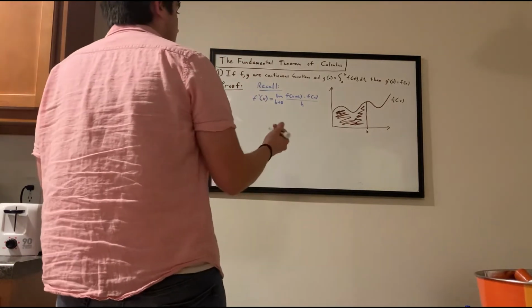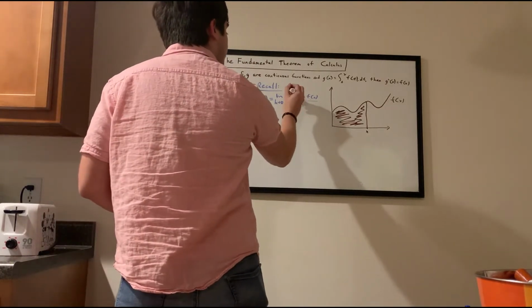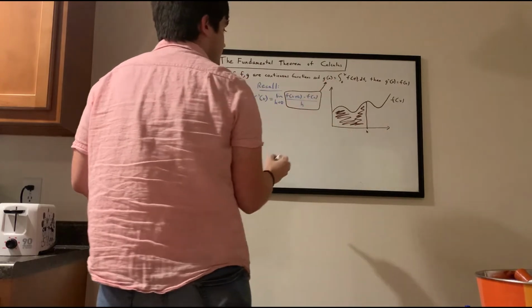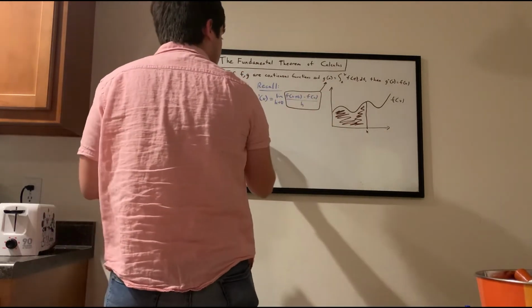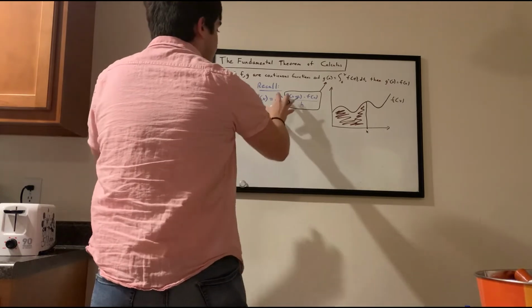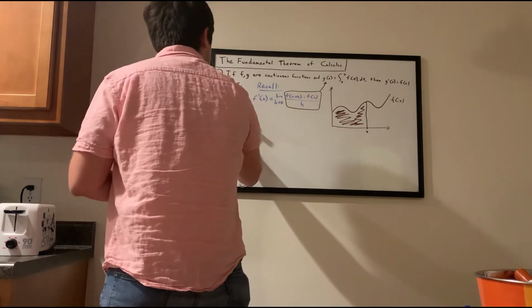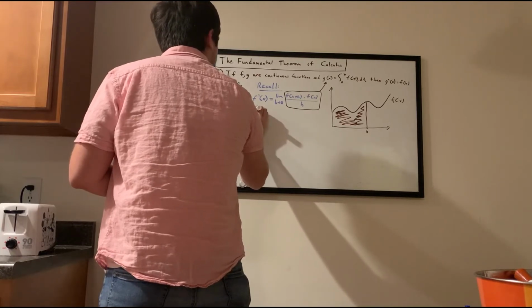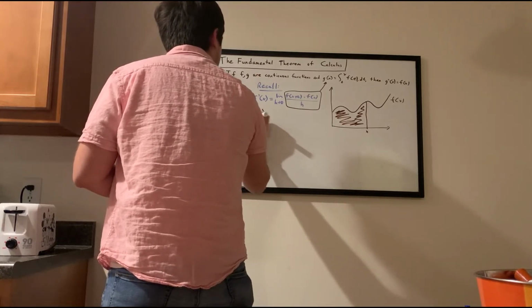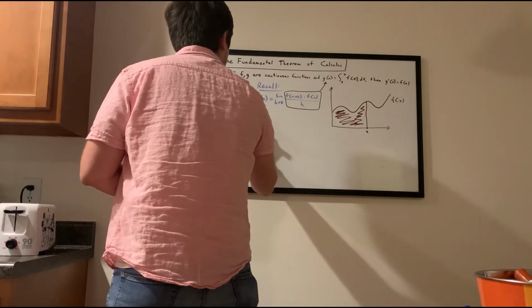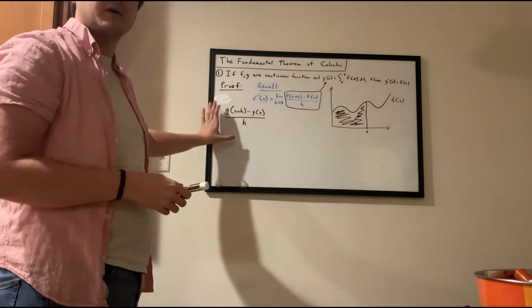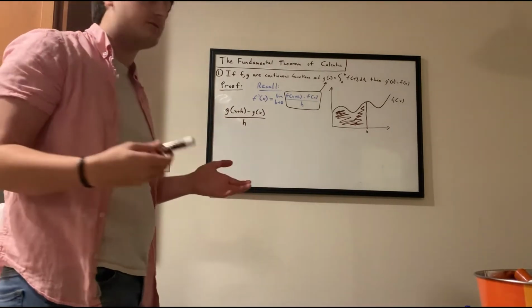I need to see what's happening with this piece in relation to my function g. So if I replace f with g, I get g of x plus h minus g of x, all over h, because I want to see what that's going to do before I take the limit of it officially and see what happens.